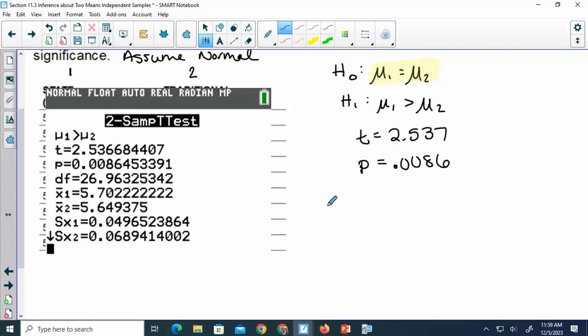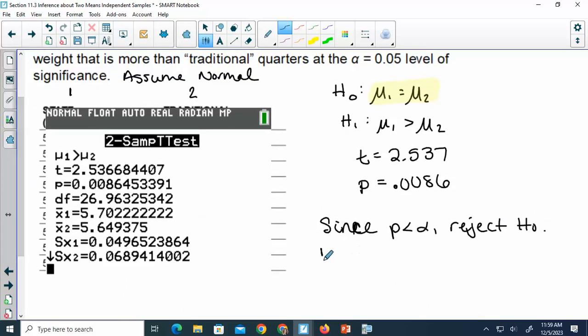And then what's my conclusion? Since p is less than alpha, we reject the null hypothesis. So that means we rejected the null, so there is evidence to conclude, let's see, our alternative was that state quarters weighed more.